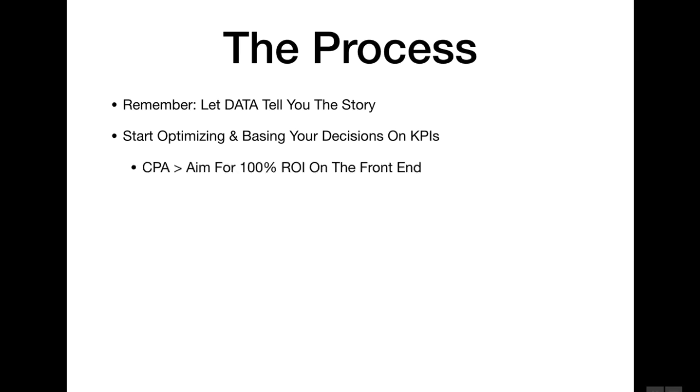Remember, the first and most important one is CPA. I'm just going to make a brief summary of those. Aim for 100% ROI on the front end, by taking the average order value divided by 2, and that should be the number you aim for as your cost per acquisition.